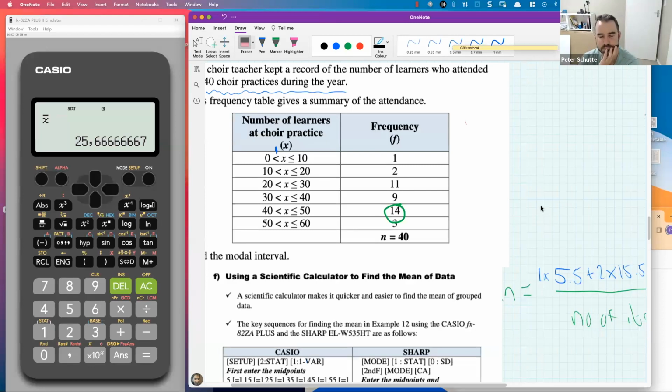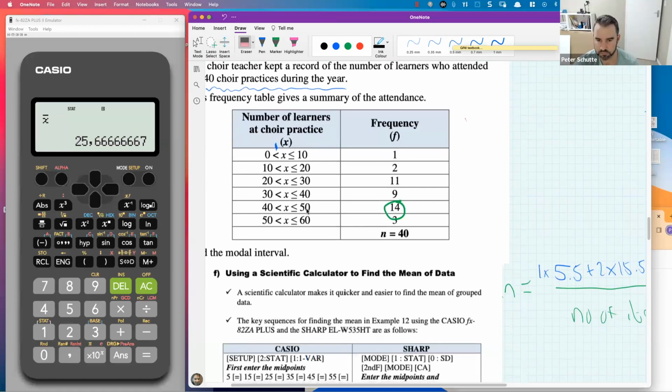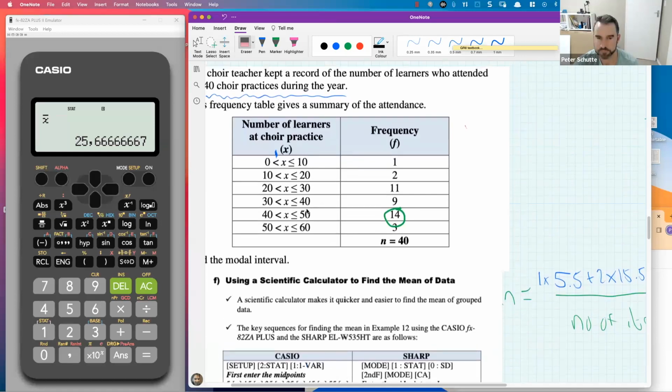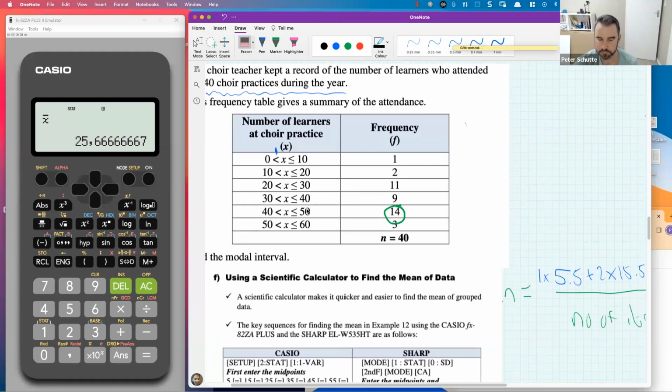Good, thanks. I wanted to ask, if it's discrete, do we have to look at the number, like 0 less than X? When it's discrete, you can't have any fractions, right? So in the choir practice, the number of learners at choir practice, you can't have 0 students.